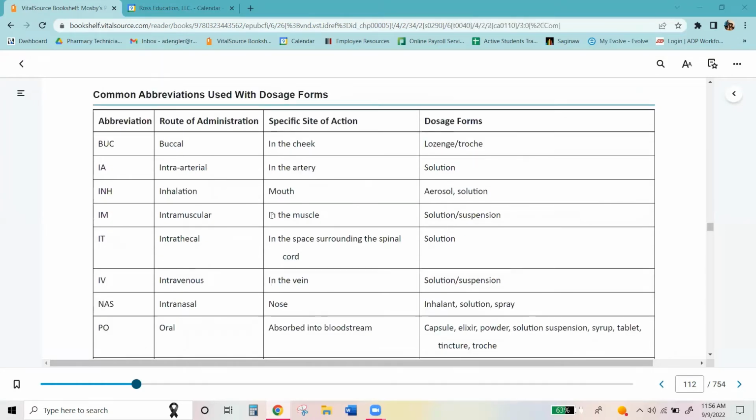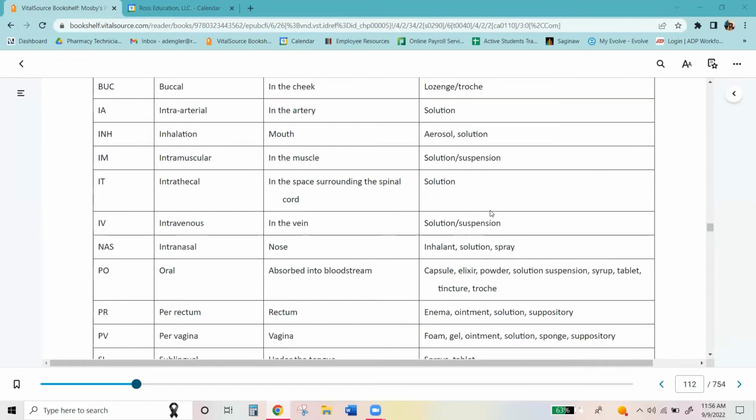Some of them are a repeat from the first table we saw at the beginning of this chapter, but you'll see the abbreviation, the route of administration, and the specific site of action, so where it's working. Intramuscularly is working in the muscle. If you take an inhalation, its site of action is your mouth, and so on and so forth. It also lists the dosage forms for those.